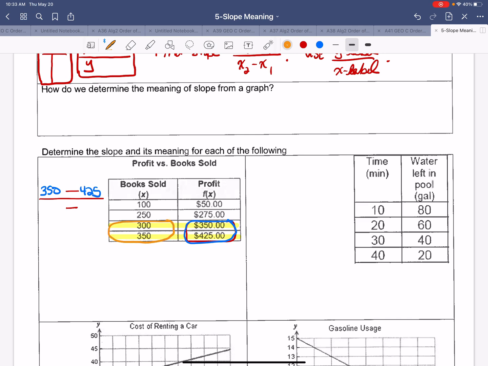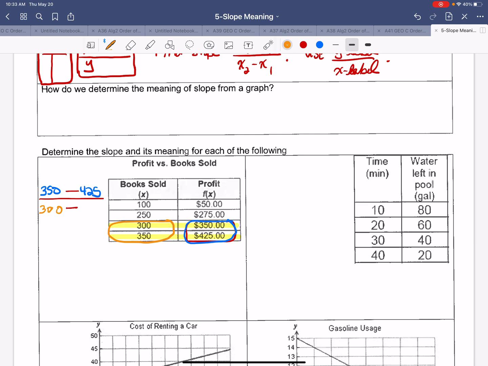And then I want to make sure that I put my x's in the bottom. What's really important here is if I'm going to put 350 here, I have to put the corresponding x right below it. The x value that should go right below it is 300. Let's just make sure: 300, 350, 300, 350.